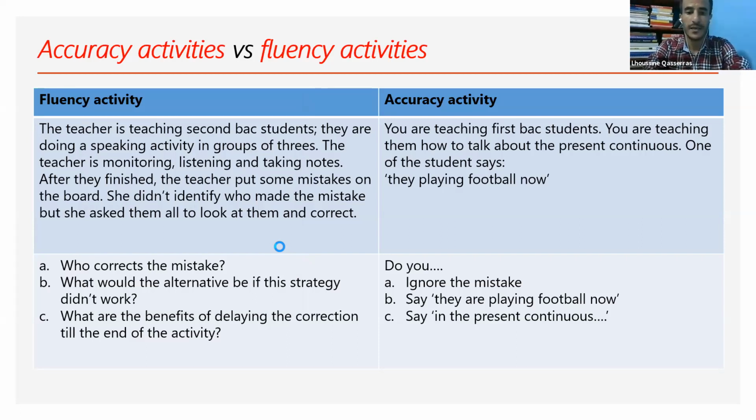So here, number one, do you ignore the mistake? B, say they are playing football now, or C, say in the present continuous. So what do you think? Which technique? So which one? A, B, or C?